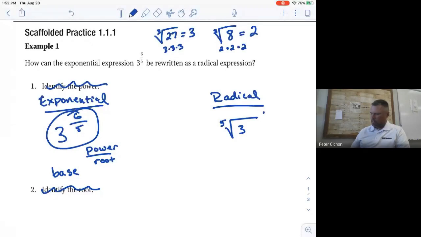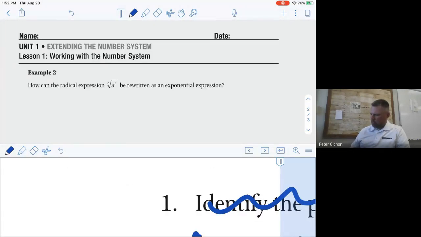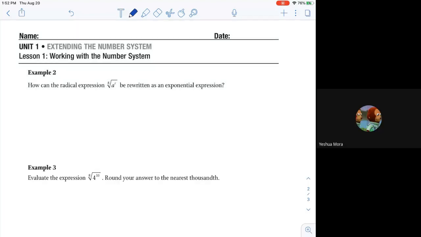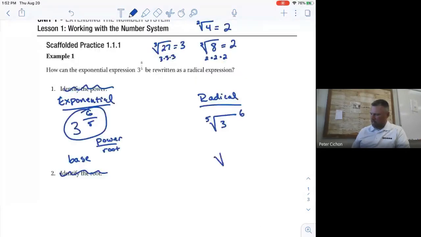And then the power goes on top, 6. What do I do to get rid of that? Press the magnifying glass, yeah. Thank you. So base, power up here, outside, top right. And then in the hook, root.